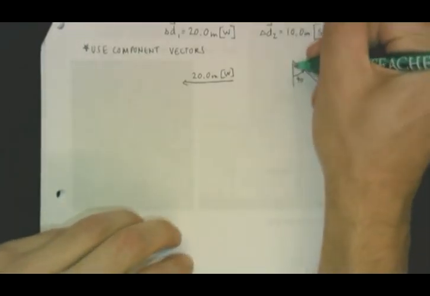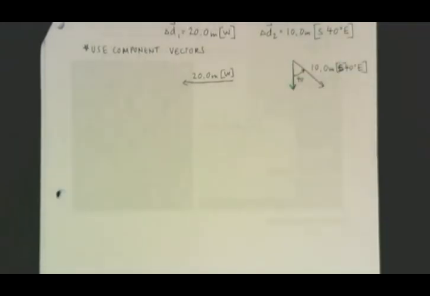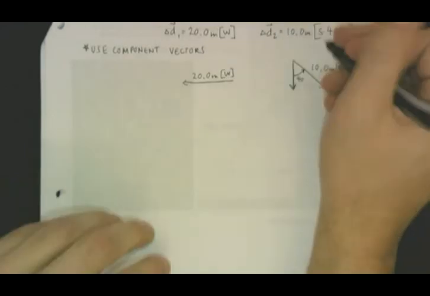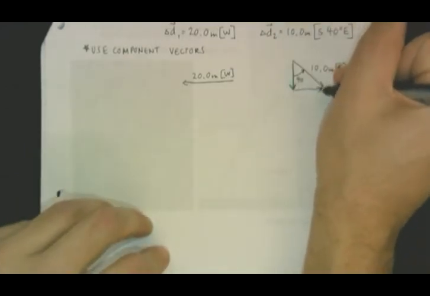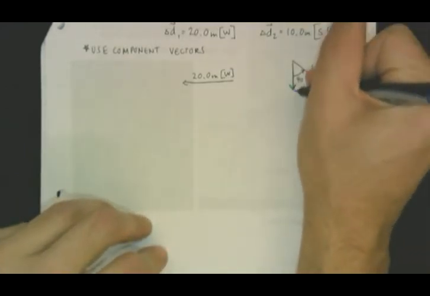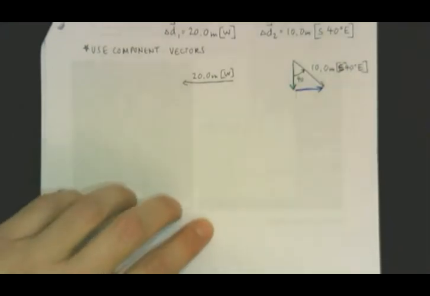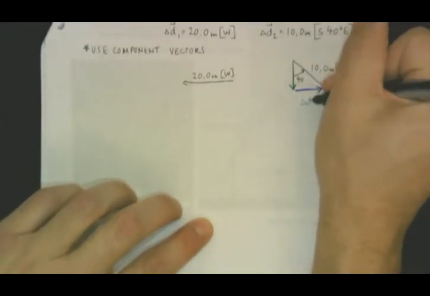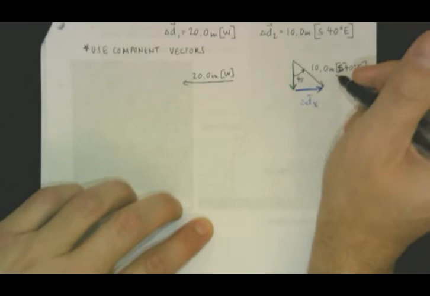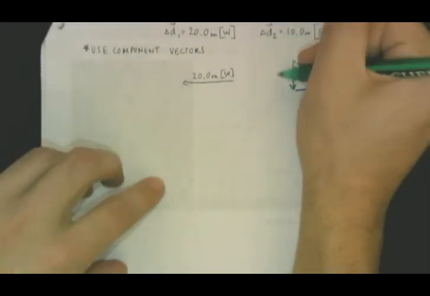For the sake of keeping it the same, I'm going to make this y component green, and I'm going to make this x component blue. And I'm going to label these components delta dx and delta dy.